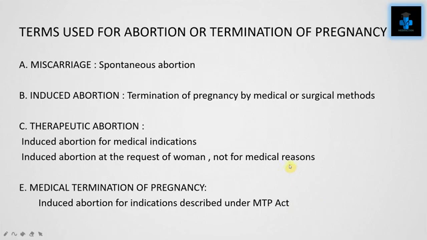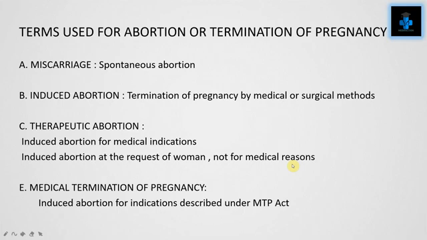Now let's get introduced to some of the terms used for abortion or termination of pregnancy. The first term is miscarriage, which means spontaneous abortion. The next term is induced abortion, which means termination of pregnancy by medical or surgical methods.